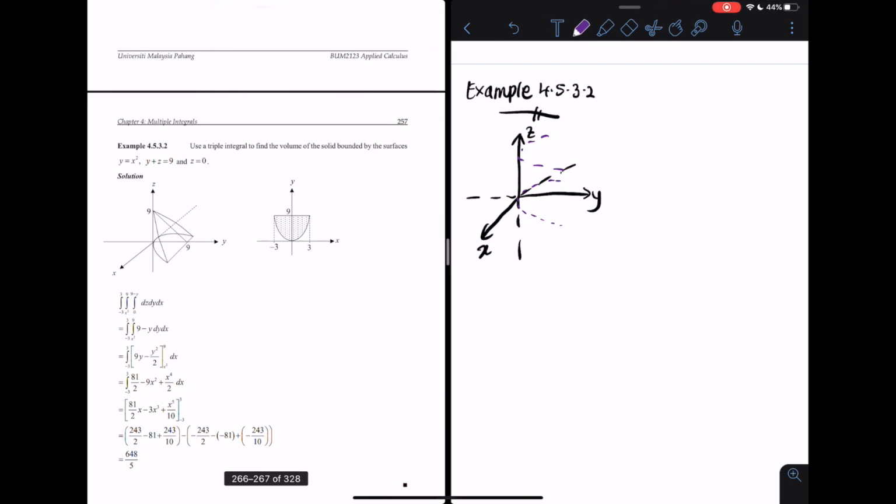Okay, we're talking about this parabolic cylinder. Then z, y, x.